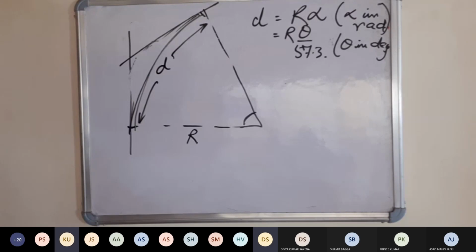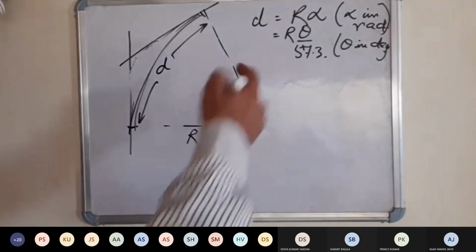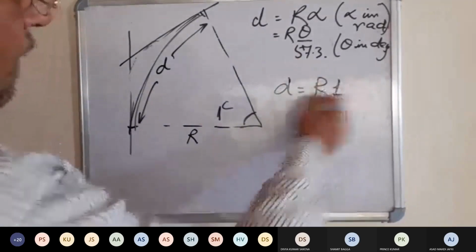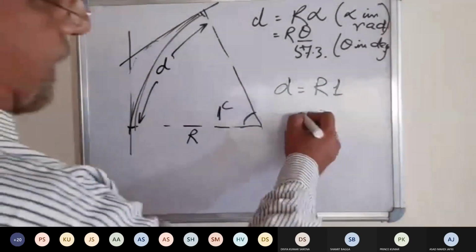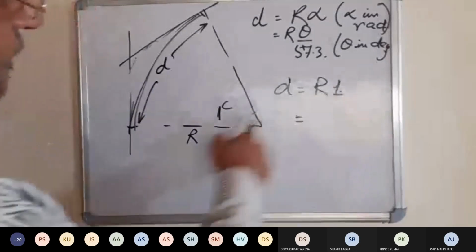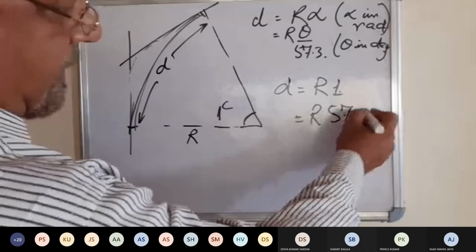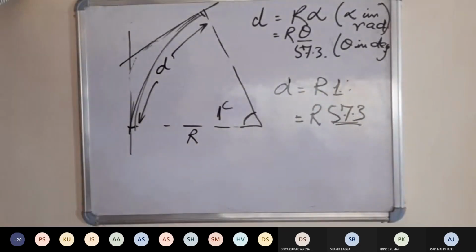Yes, sir. Supposing this was 1 radian. So D is equal to R into 1. ये ठीक है? हाँ sir. Okay. Now we know that if we convert this into degrees, R into 57.3, 1 radian is 57.3 degrees, correct?